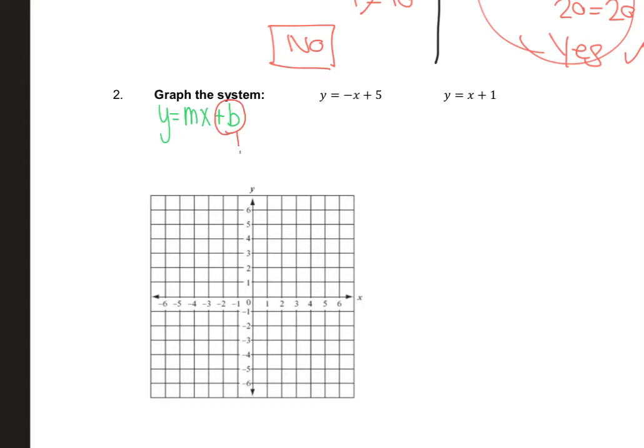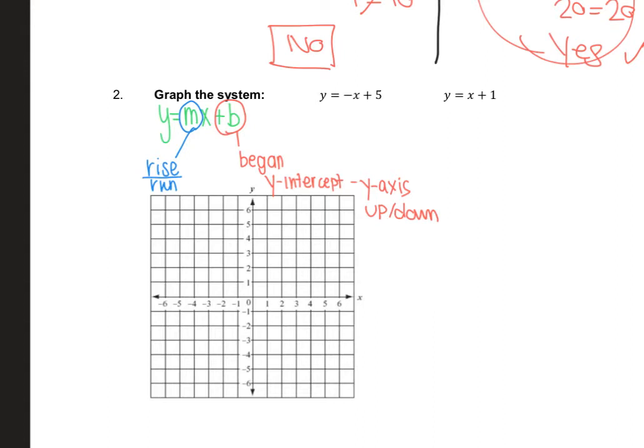B was where I began. It was my y-intercept. It happened on my y-axis, and it was an up or a down move, right? M was my rise over my run.